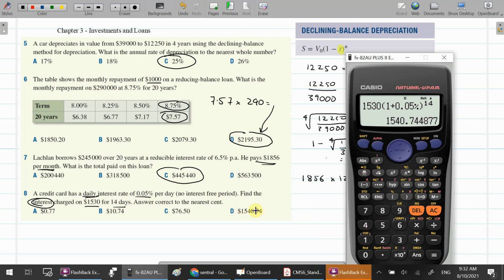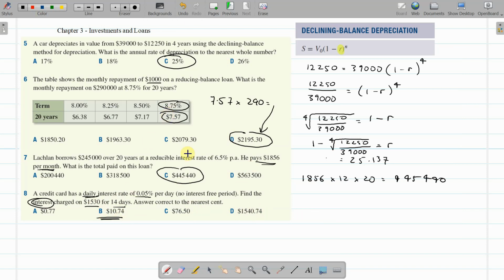Now you think, well, that's the answer there, but no, that's the final amount. That's not the interest. So the interest is actually the difference between this and what you started with. So there's a little bit of a trick. Minus what we started with will be what the interest is. $10.74, which is that one.